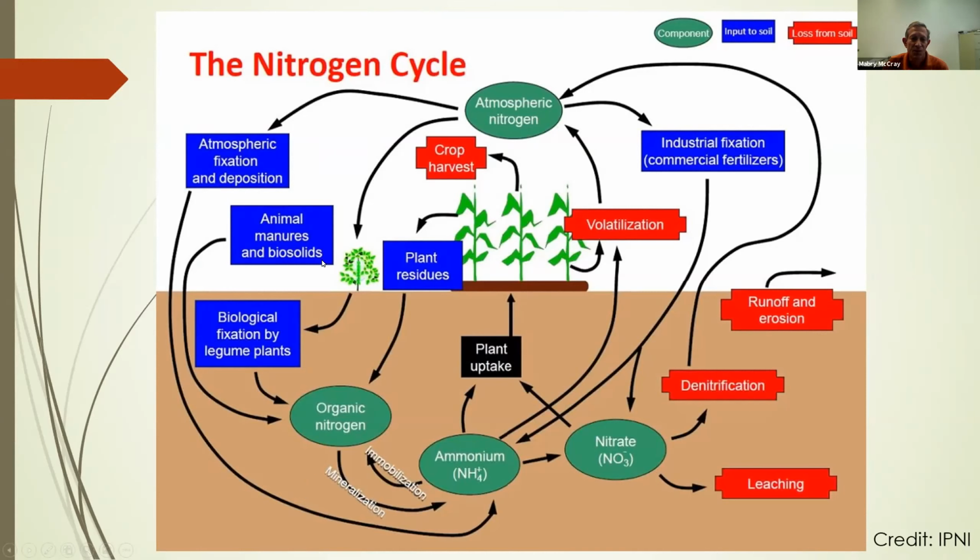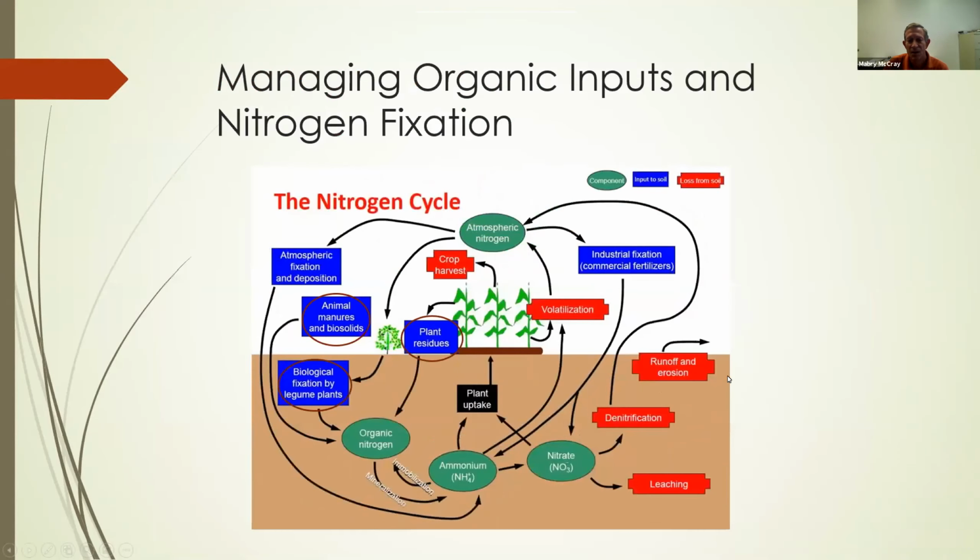We also get some inputs from animal manures and biosolids, biological fixation by legumes, and plant residues. And we also have inputs from commercial fertilizers. So the first things that we'll talk about are some of the inputs from animal manures and biosolids, biological fixation by legumes, and plant residues.